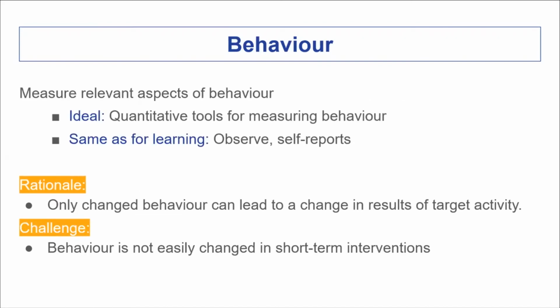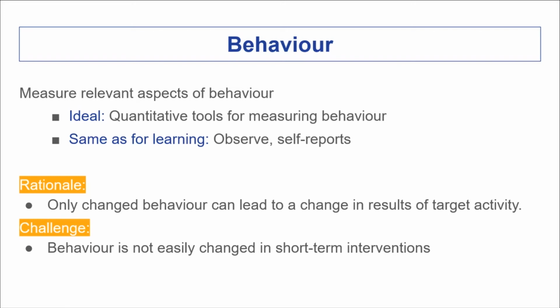At the level of behavior, you measure relevant aspects of behavior, and ideally, again, you have quantitative tools for measuring behavior. As for learning, you could also use observations and self-reports, however. And at this level, it's already much more difficult in field studies to have useful, complete accounts for complex behavior.